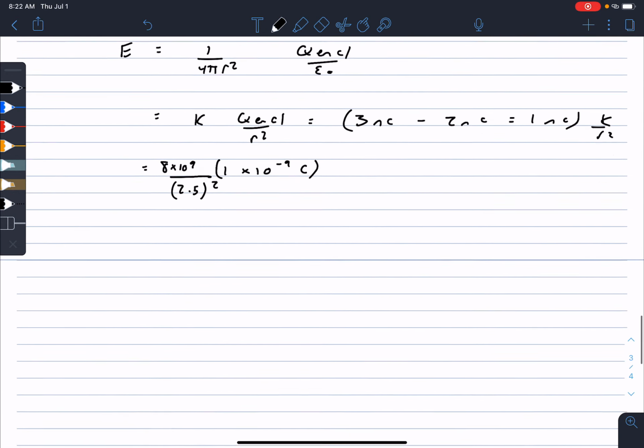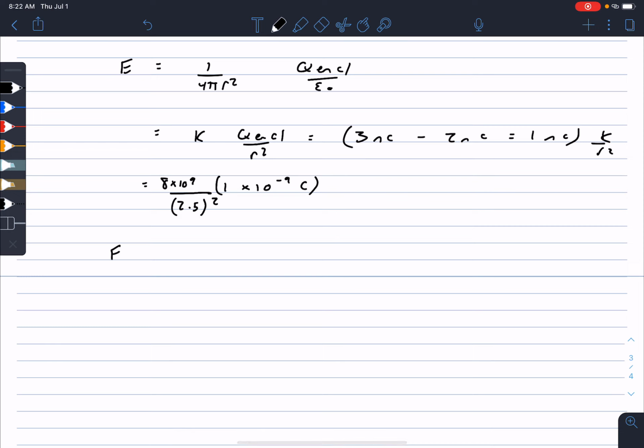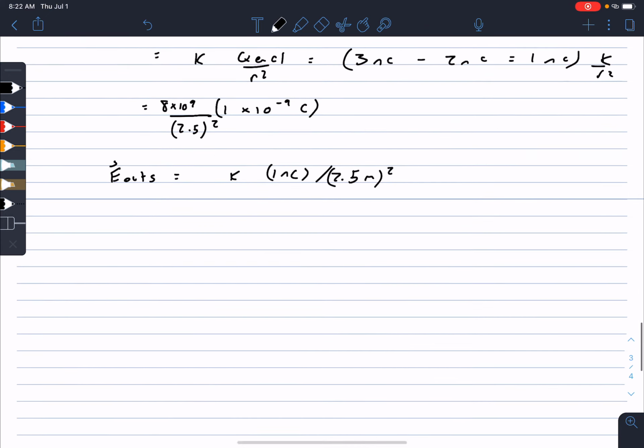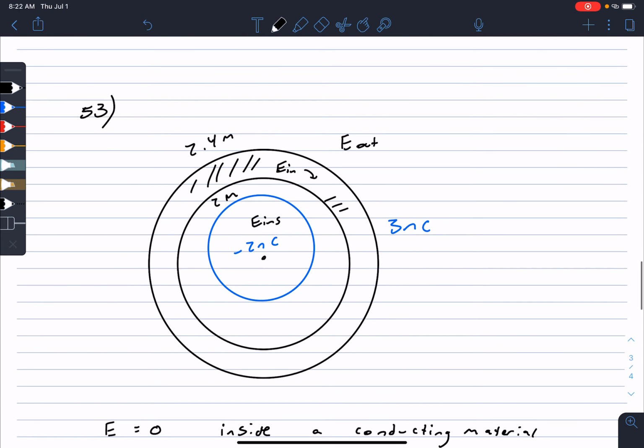Before we move on, the E outside: you have K times 1 nanocoulomb over 2.5 meters squared, and this is going in the r hat direction because it's positive. So it's r hat, radially outwards.